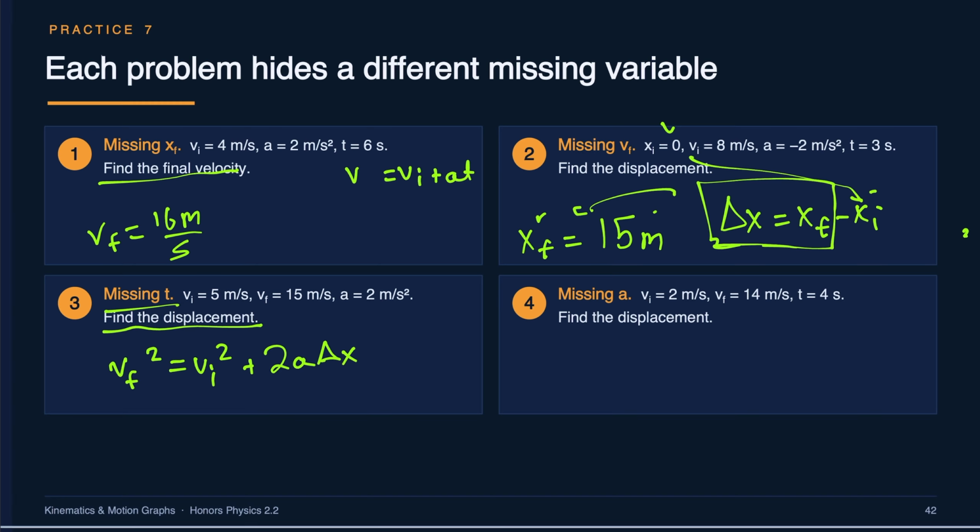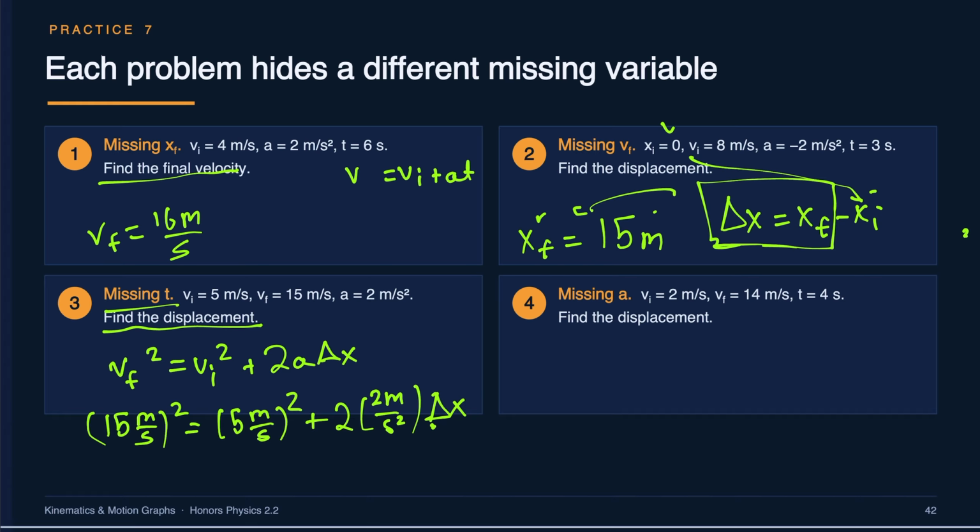So V_f is equal to 15 meters per second, is equal to V_i squared, 5 meters per second, and plus 2a, so 2 times 2 meters per second squared, times delta x, which is something we don't have, right? We're missing t, and we're trying to find delta x.